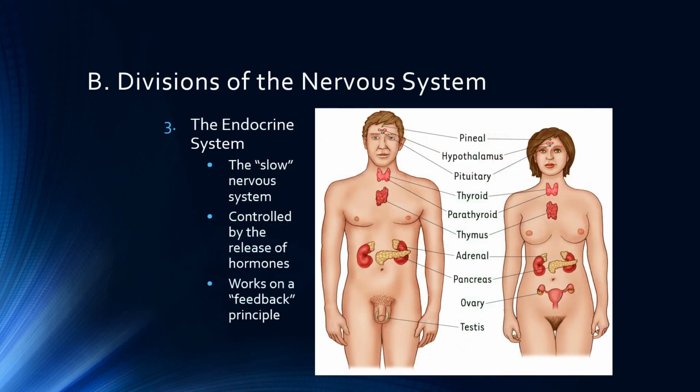The endocrine system is often thought of as the body's slow nervous system. It's controlled by the release of hormones. So rather than affecting behavior directly through neurotransmission, we get the effects on behavior from the release of hormones into the bloodstream. So it's a little bit slower, but nonetheless as effective.